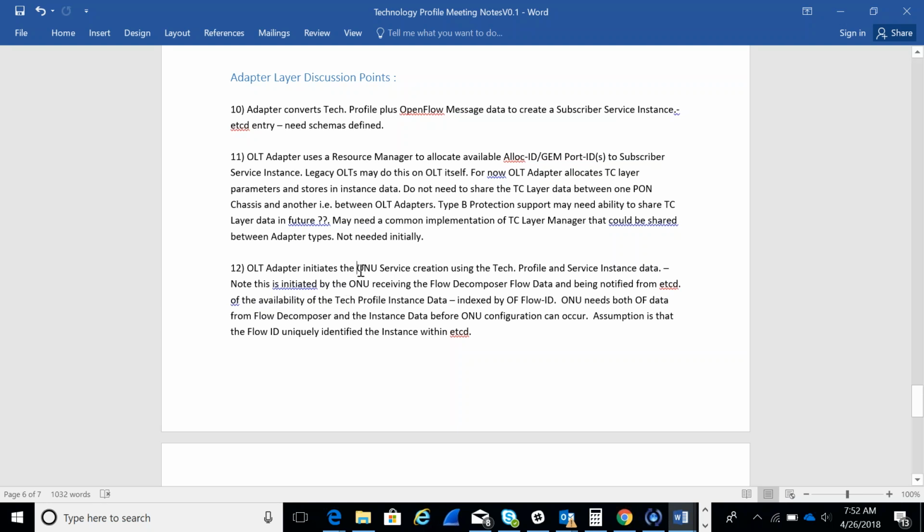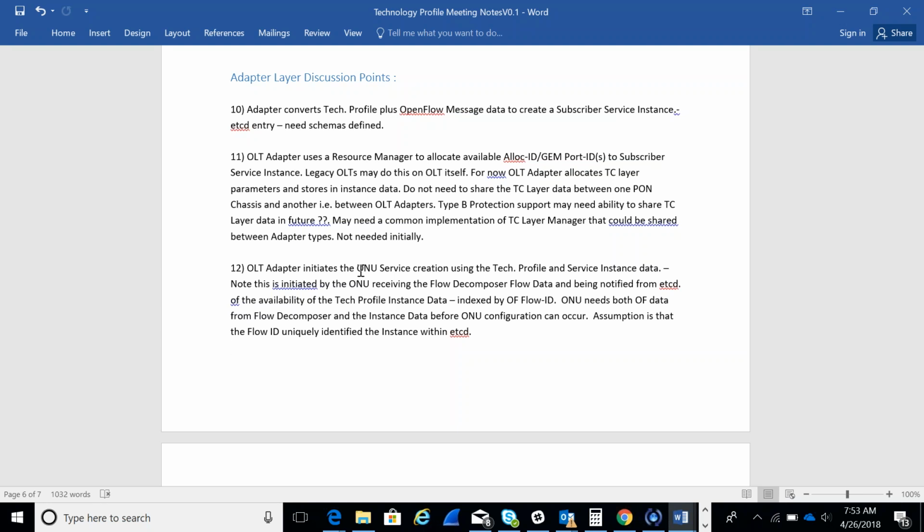See, point 12, OLT adapter initiates its own service creation using the technology profile and service instance data. So basically, this is the point where the ONU, in order to create its OMCI messaging and configure the ONU, needs to wait for the technology profile instance to be there, plus the OpenFlow message data that it receives from the flow decomposer needs to be there.